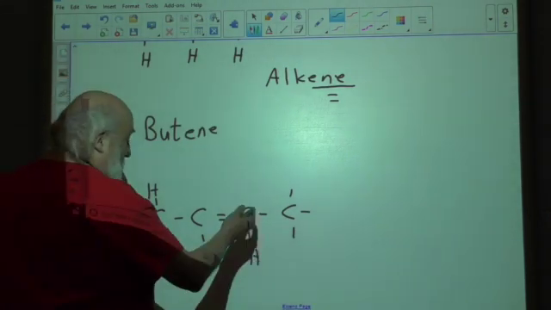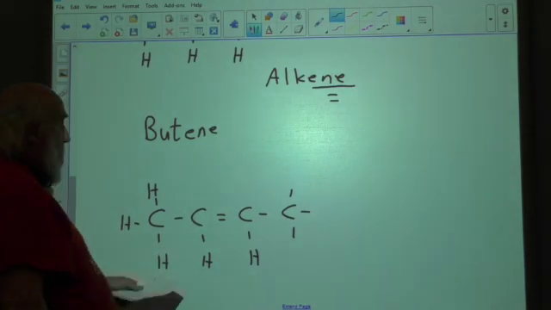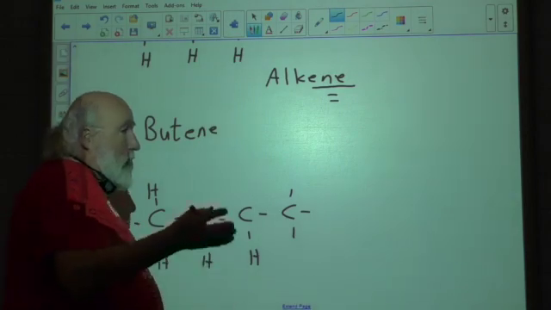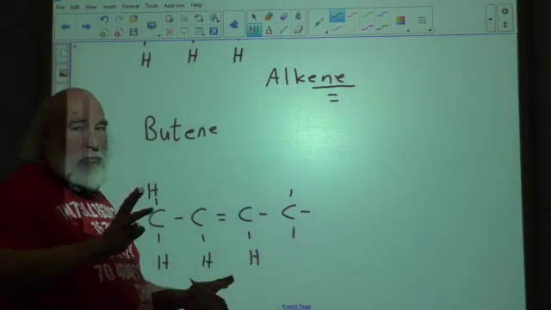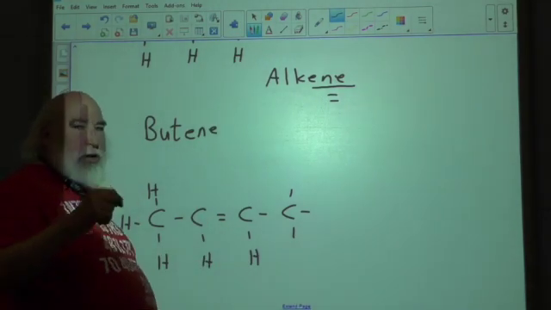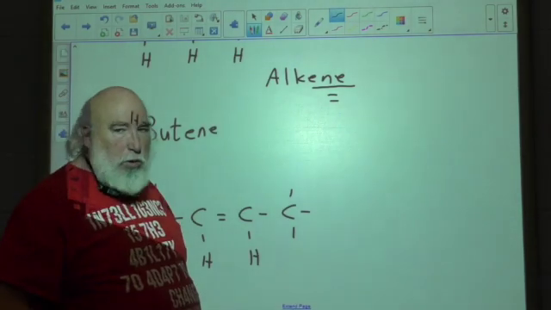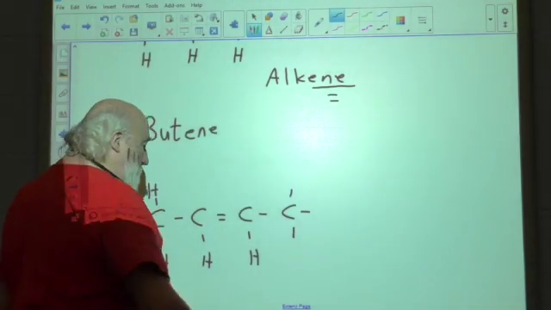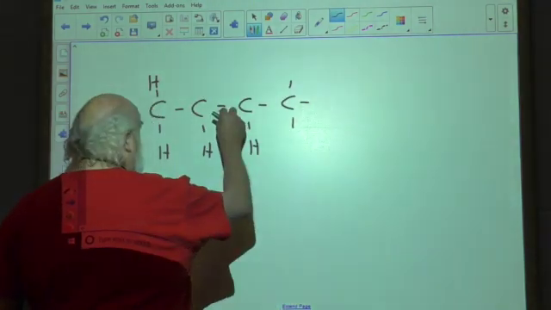Is this the only place this can be? No! We can move this over here. Okay? And again, there's a situation with that, but right now, I don't care. I just want you to understand that double bonds can move and still be considered an alkene. So we move this over here.